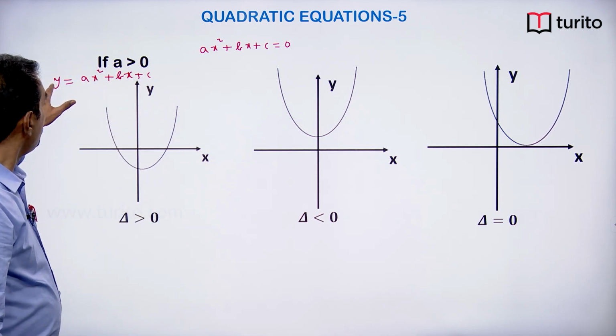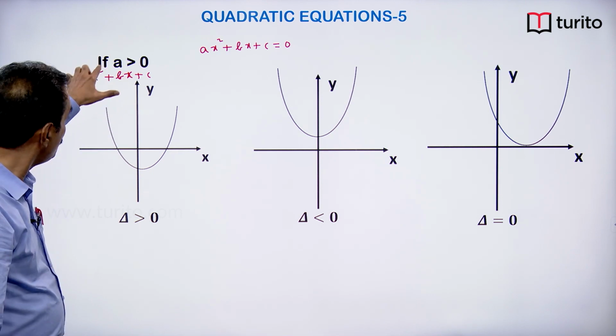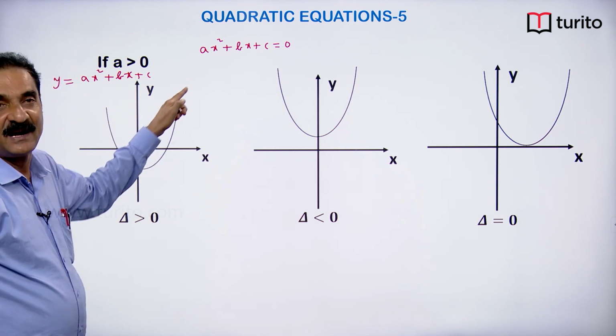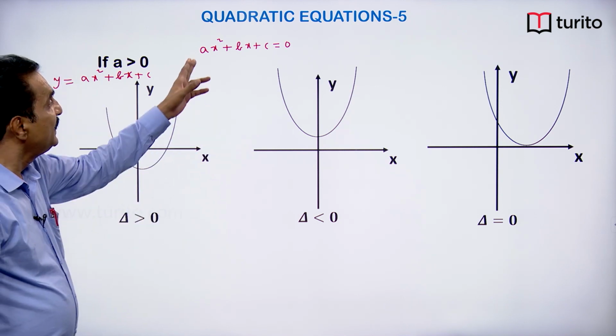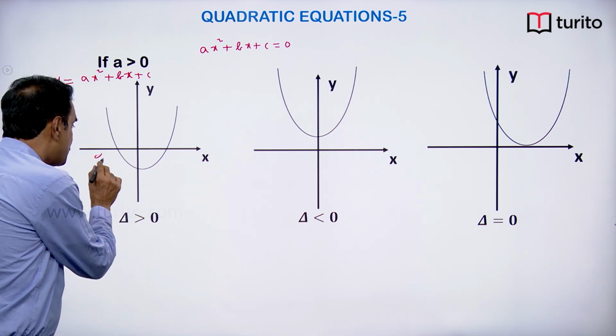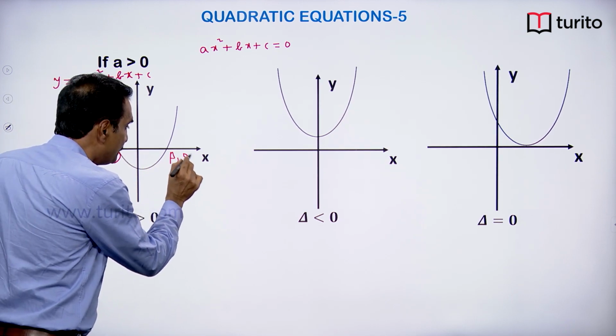Then by putting y is equal to 0, you are getting two distinct values of x. That means the curve y is equal to ax square plus bx plus c intersects the x axis at two distinct points. If the roots of this equation are alpha and beta, then this point will be alpha, 0 and this point will be beta, 0.